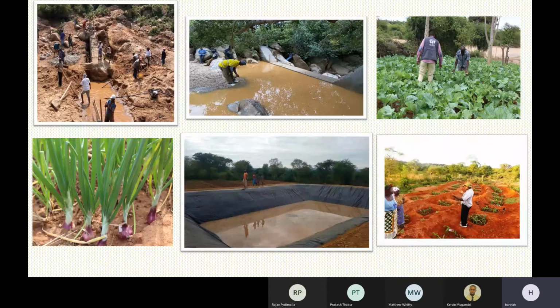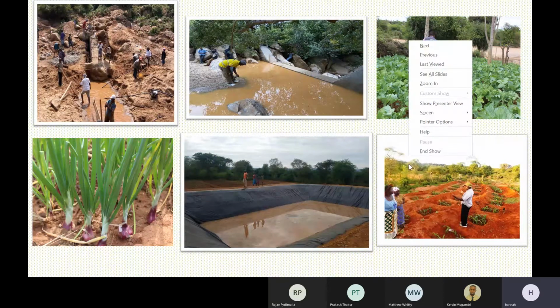As you can see in this photo, the communities were really engaged in every aspect. There was a strategy where communities were involved in the work, and provided there was a technical person to support them, they were able to come up with a climate-smart water catchment, so that they could use those catchment areas for their farming activity.